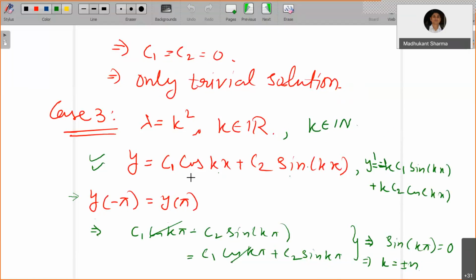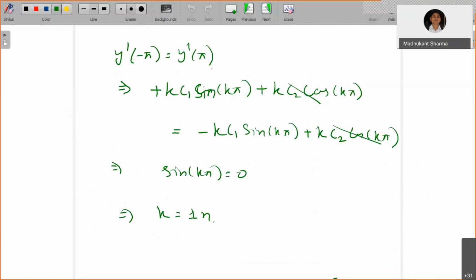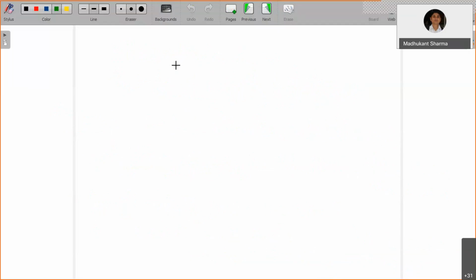Without loss of generality, you can assume the constants C1 equals 1, C2 equals 1, there's not a problem. So for k equals 0, yk is equal to y0, that is 1.